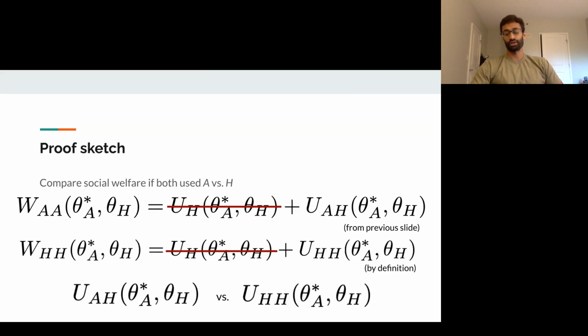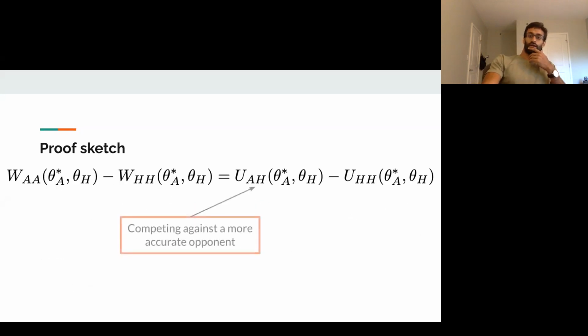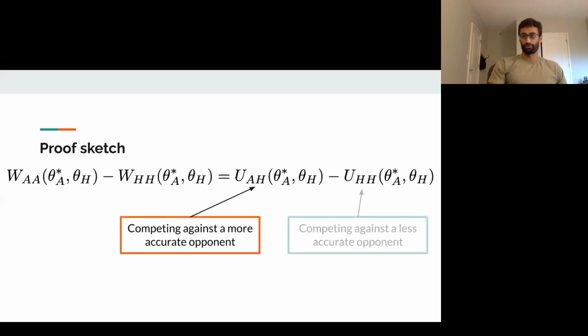Essentially, we're asking: you're going to go second. Would you rather your competitor use the algorithm, or a human? And remember, by assumption, the algorithm is more accurate than the human. So would you rather compete against a more accurate opponent, or a less accurate opponent?